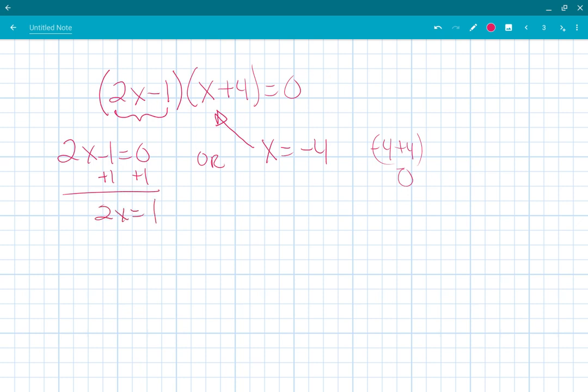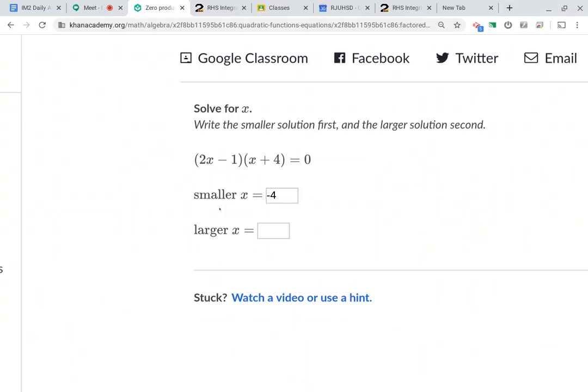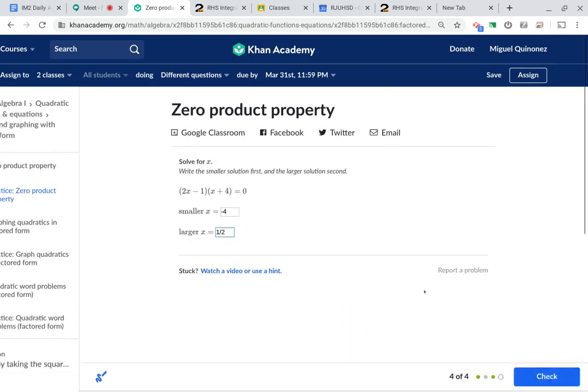That's okay. All right. And then x equals half. So the two answers are negative 4 and half. So which one is smaller, -4 or half? Okay, so you have to put the smaller one where it says smaller.